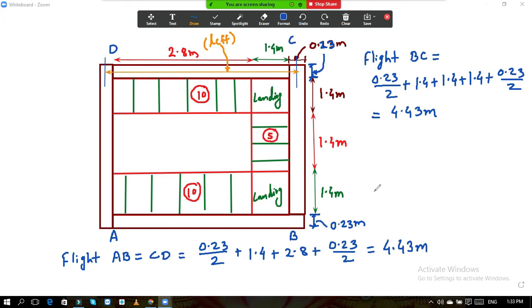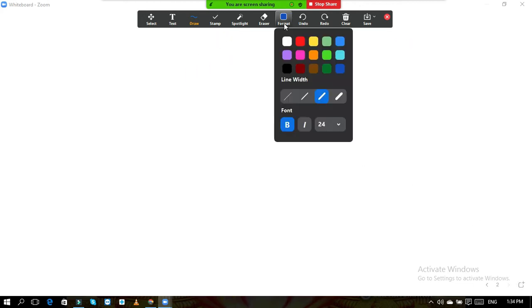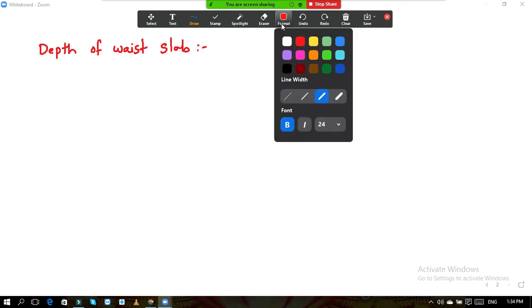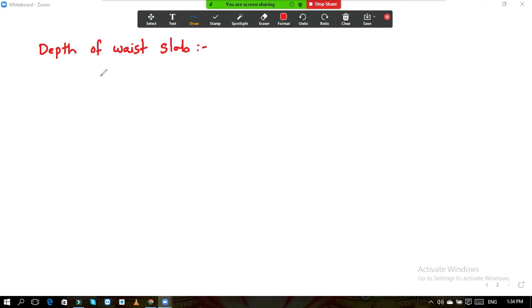Now we will move to the depth of the slab. So the next thing is the depth of the slab. Okay, so the depth of the slab we need to calculate. So we will make our assumption.